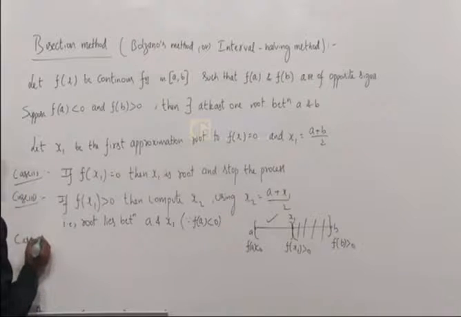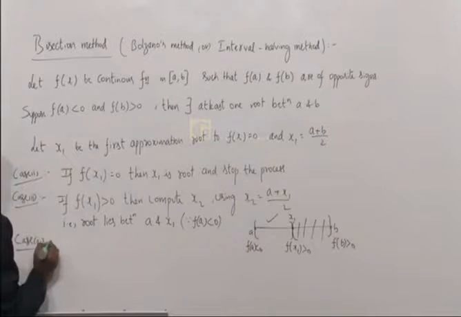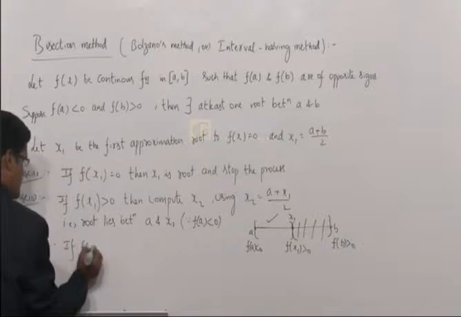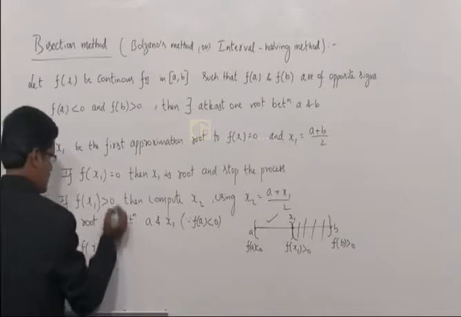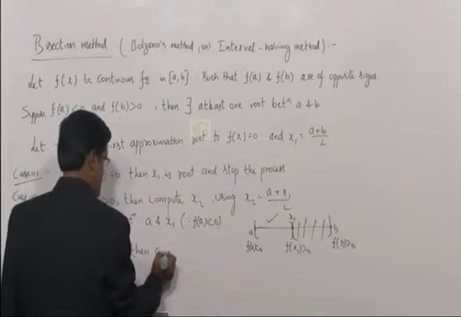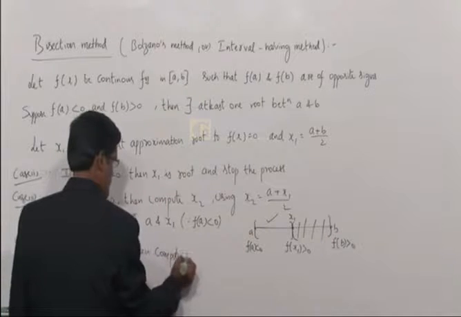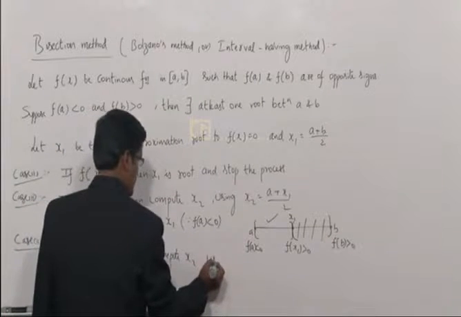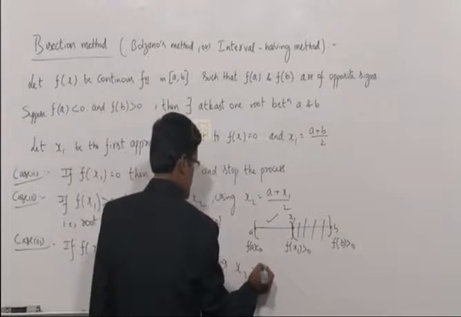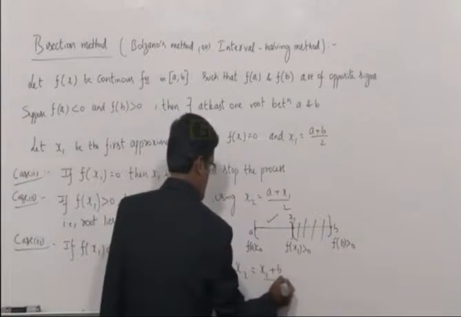Case 3. That is for understanding only, the diagram. If f(x1) less than 0, then compute x2 using x2 is equal to (x1 plus b) by 2.